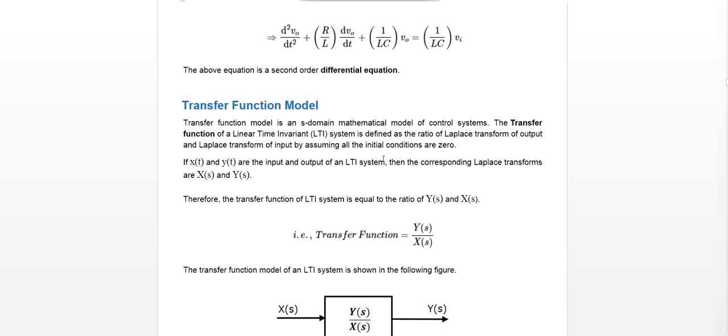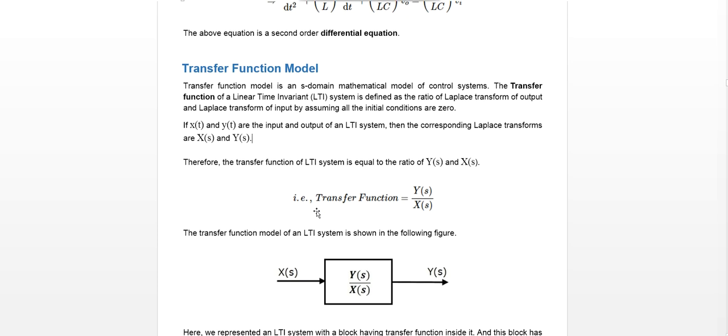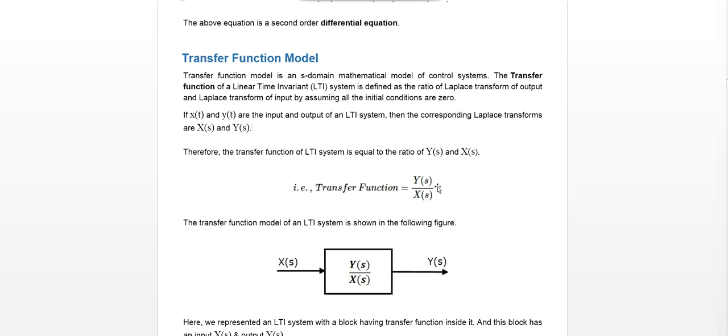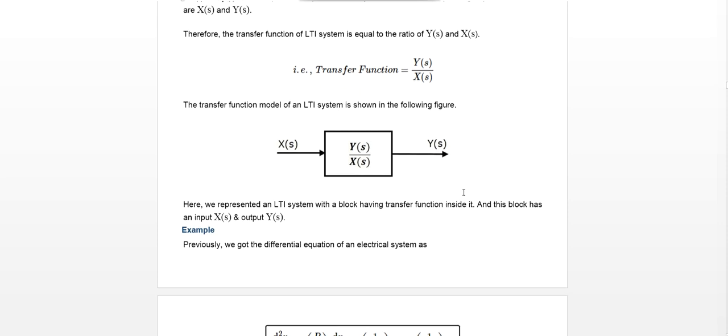If we are going to get the Laplace for that and convert it into S domain or frequency domain, we use a capital letter. So we have here capital letter X, then a function of S or frequency. So for y of t, that becomes Y of s. Therefore, the transfer function of LTI system is equal to the ratio of Y of s and X of s. So transfer function is equal to Y of s over X of s. The transfer function model of an LTI system is shown in the following figure.